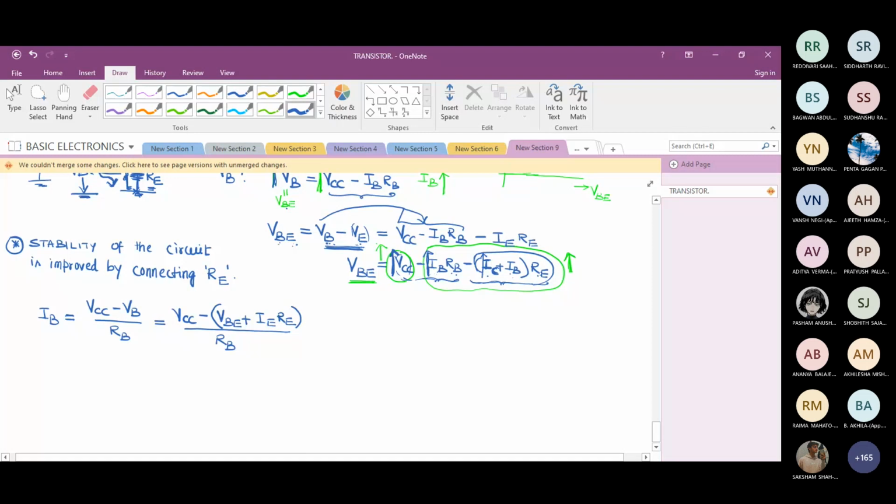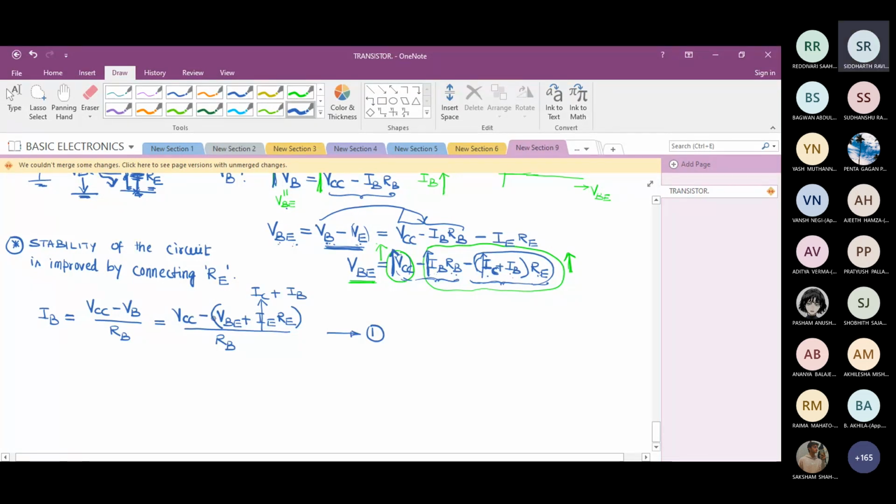So this is my equation number 1. If resistance RE is added, you must be really careful. Now, if IE is not given, don't scratch your head. IE, I can write as IC plus IB. Do all agree with me?